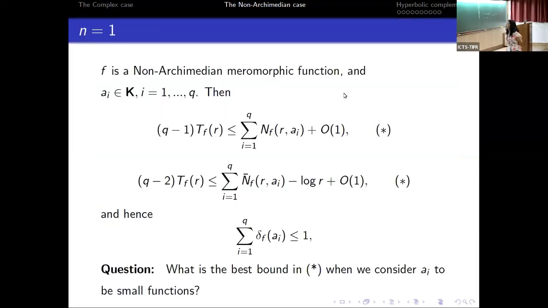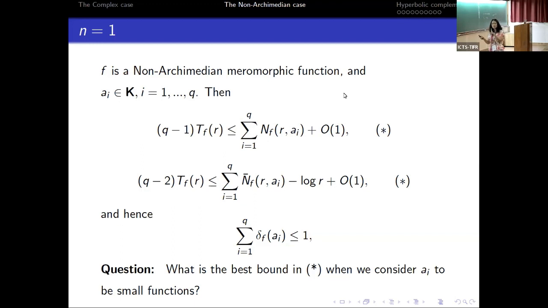So now we also want to work similarly with the non-Archimedean problem. That means for the K of Ri is a small function, and then unlikely we cannot get exactly. So in the non-Archimedean case, the result here is a 2.